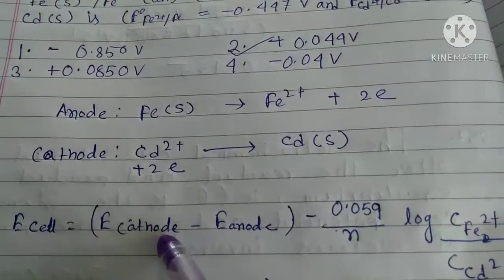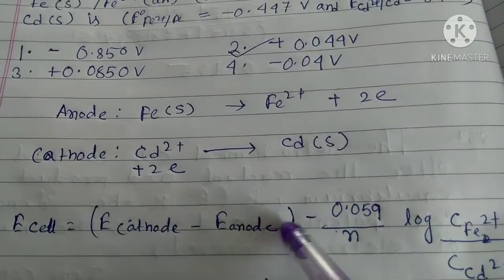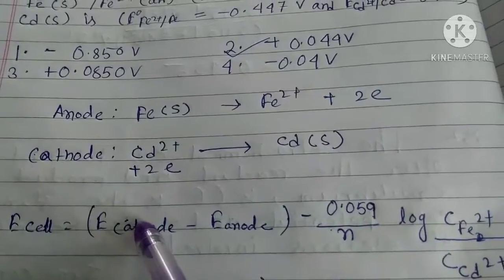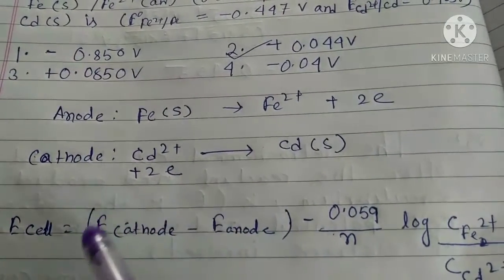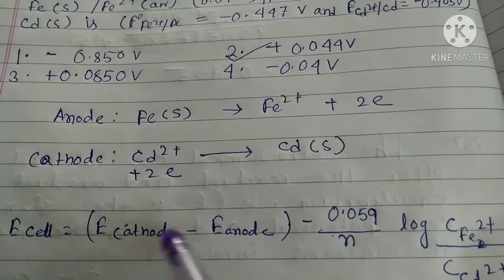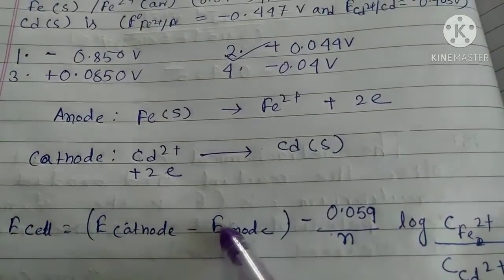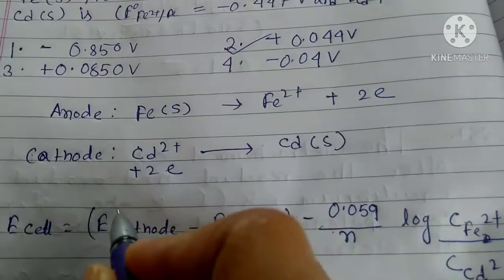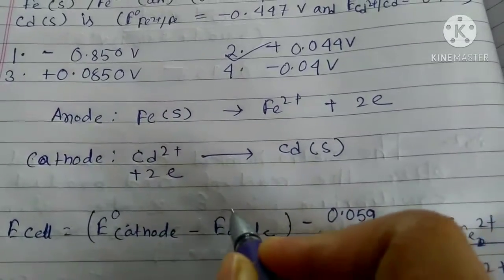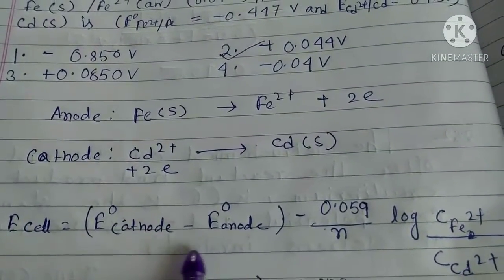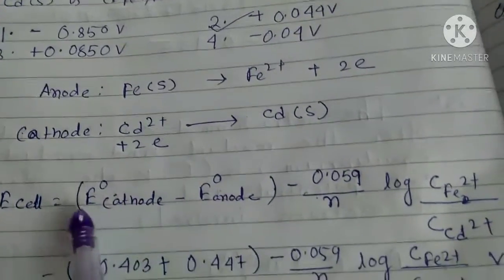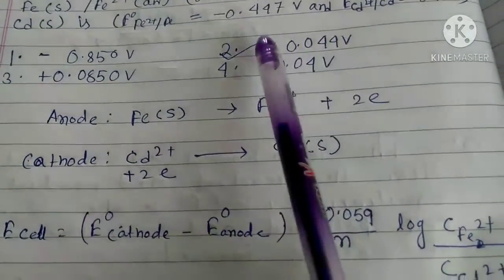So E cell is equal to E cathode minus E anode if both potentials are reduction potentials. Then we can write E0 of cell is equal to E0 of cathode minus E0 of anode. E0 means E naught.